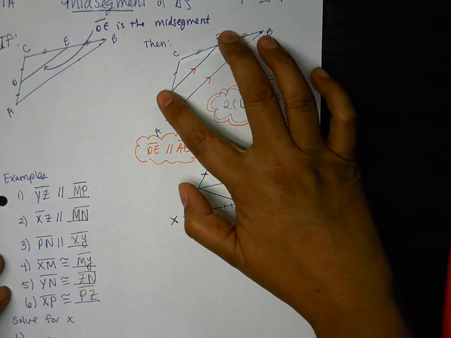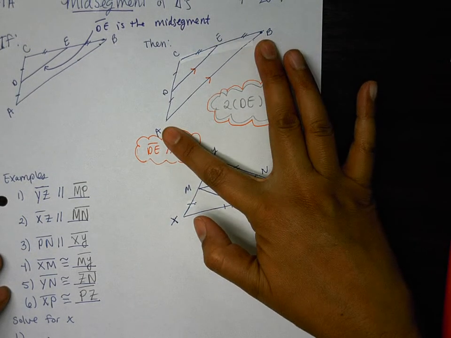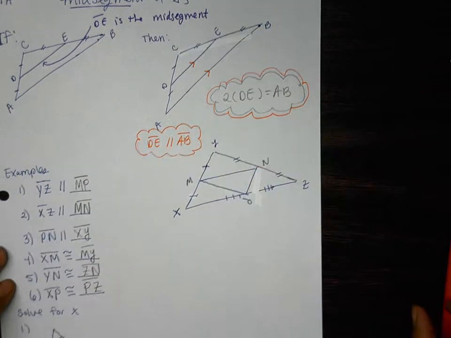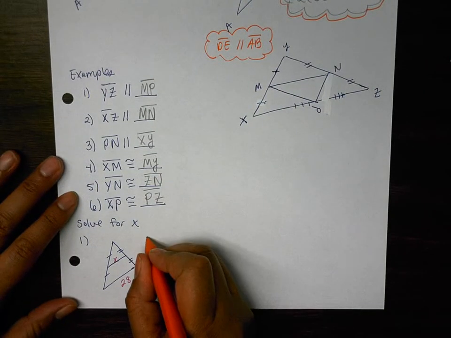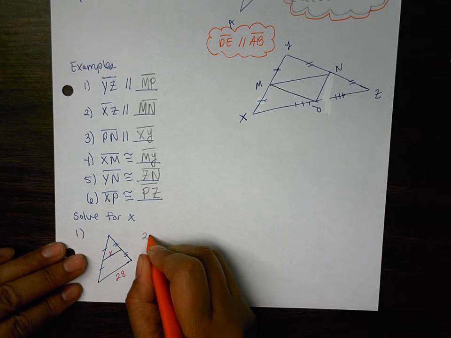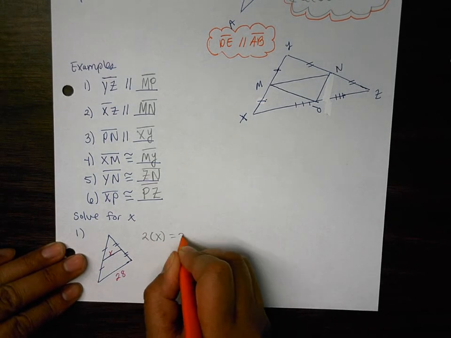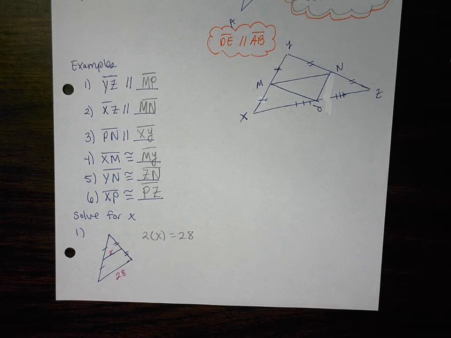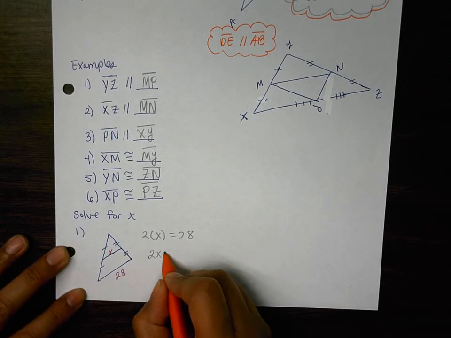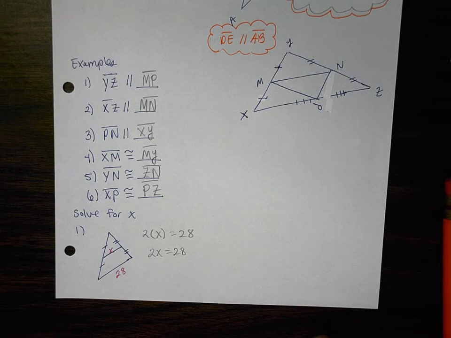Which one do I double? The midsegment or the base? The base. I double the midsegment. All right, so when I write my equation, don't just do it in your head. I know you can, but write it down. Double the X equals 28. Why am I doubling the X? Because the X is the midsegment. 2X equals 28.